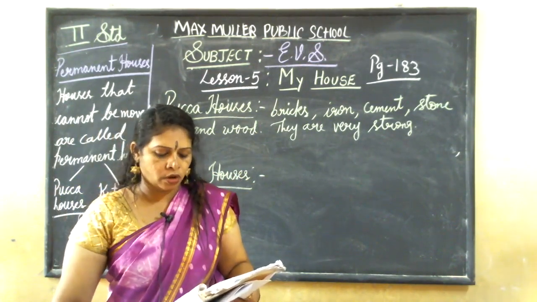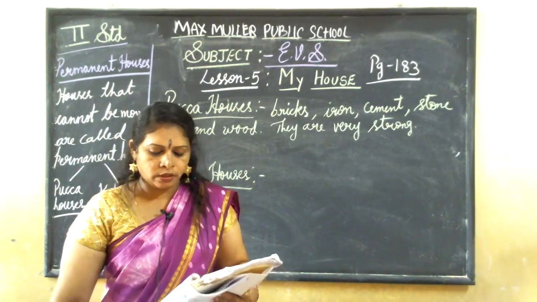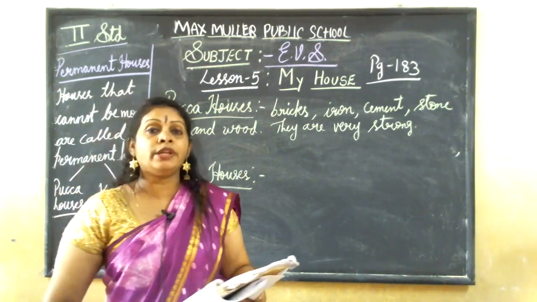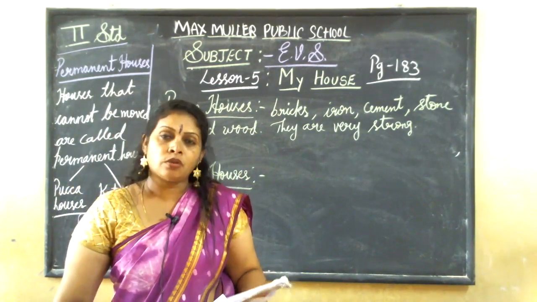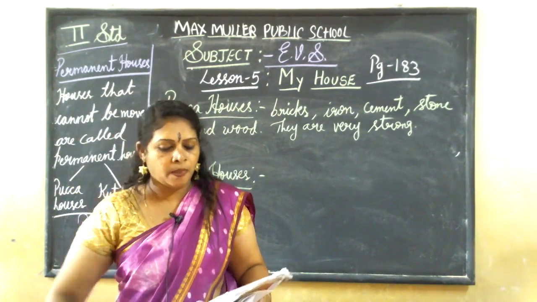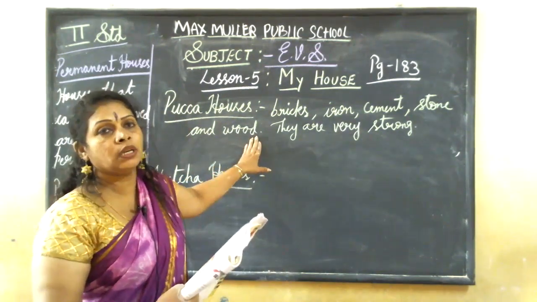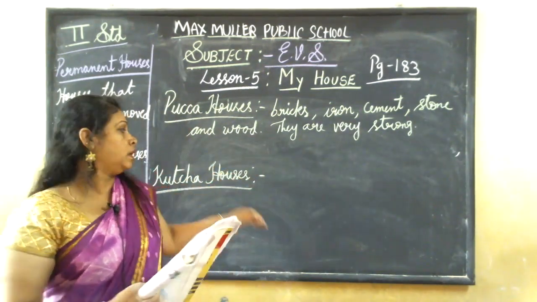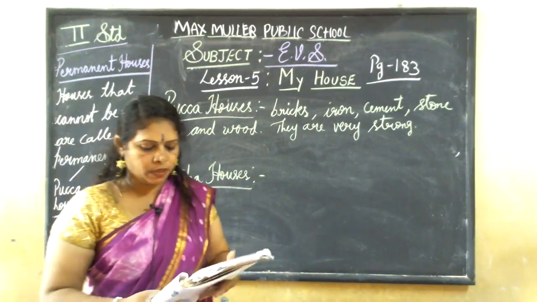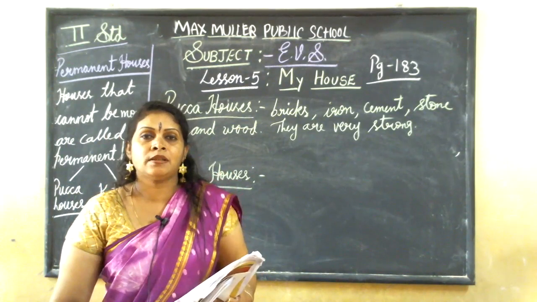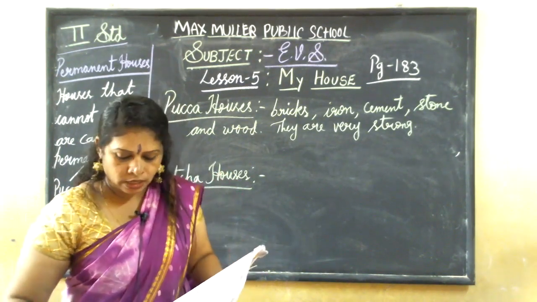These houses are called Kacha houses. They are not strong enough to bear strong wind and rains. They are cool in summer. Now, Pucca houses are very hot in summer, but here they are very cool in summer. In villages, you can find Kacha houses.